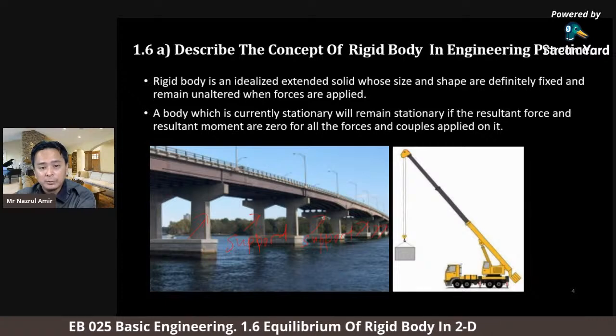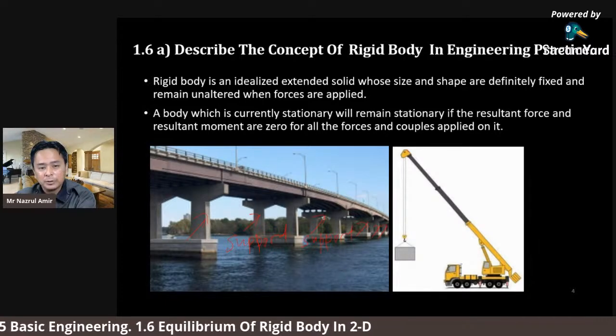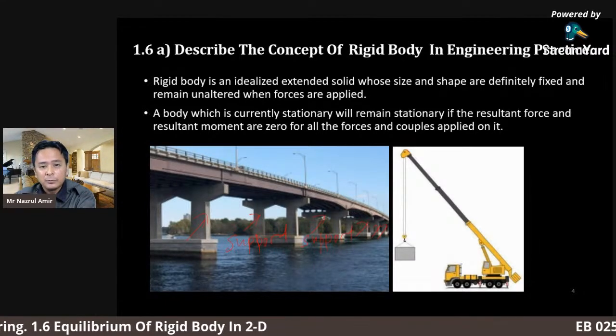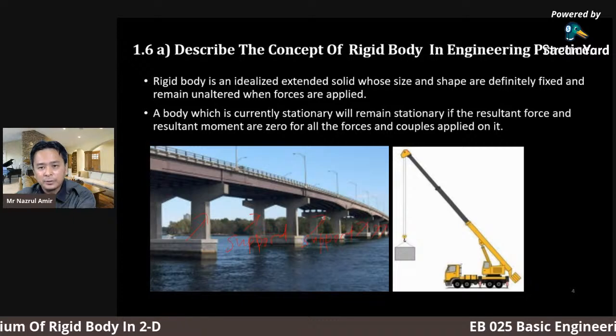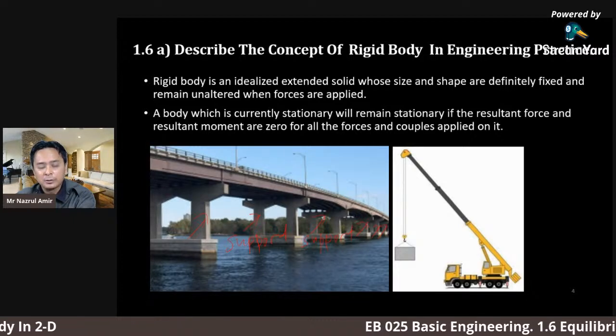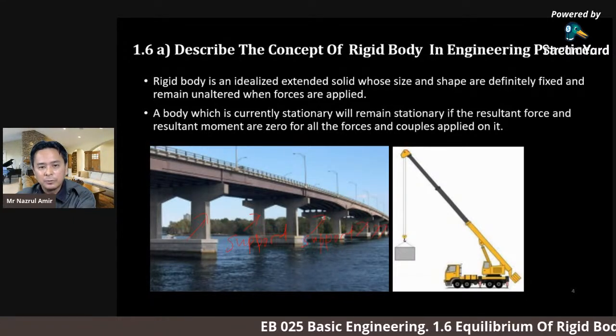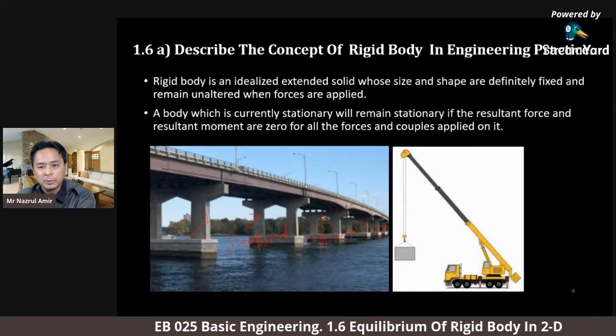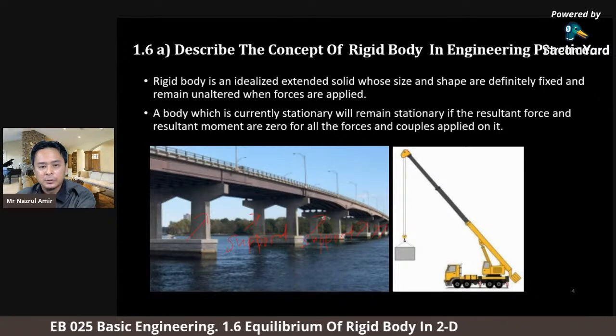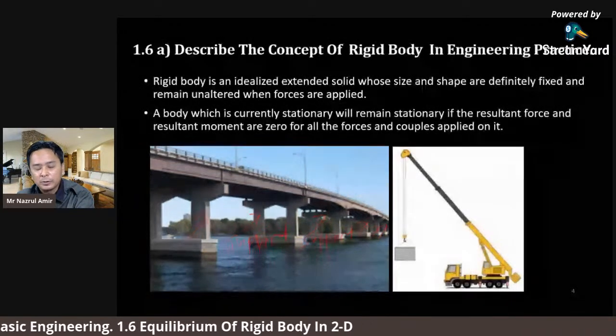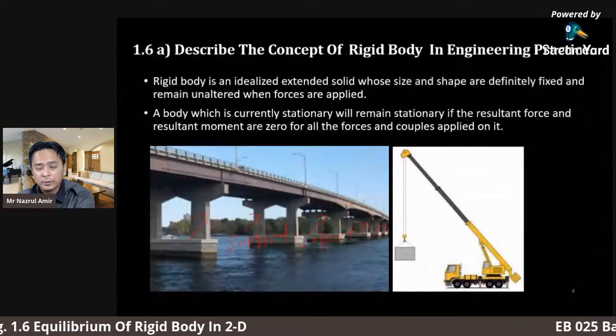Like we see in the picture of the bridge, it will remain stationary if the resultant force and resultant moment are zero for all the forces and couple moments applied on it. So this is the condition for equilibrium of a rigid body.